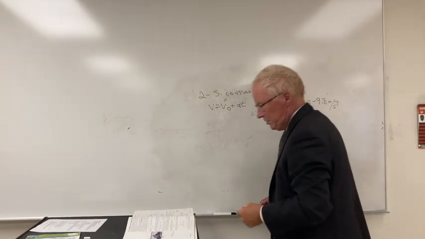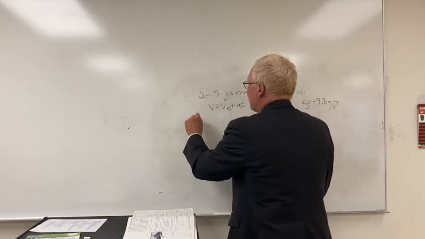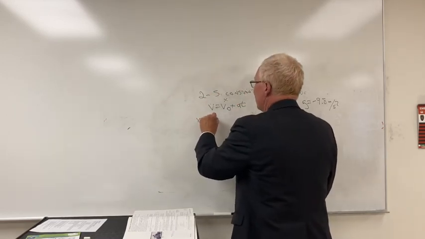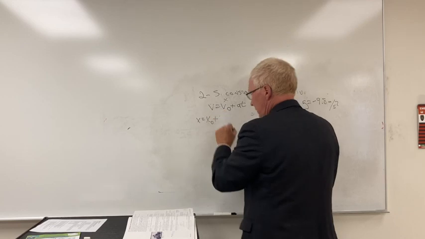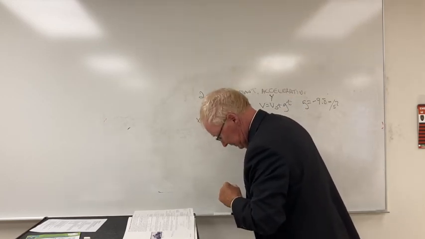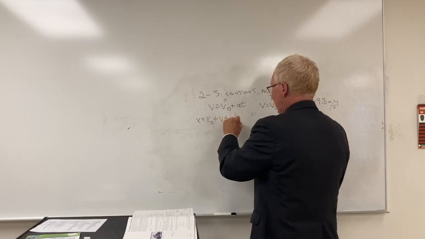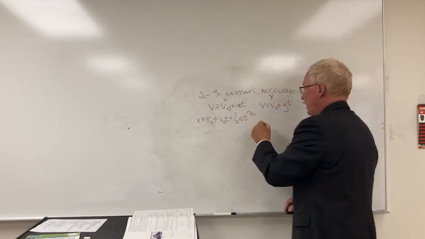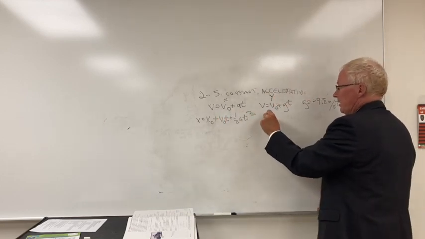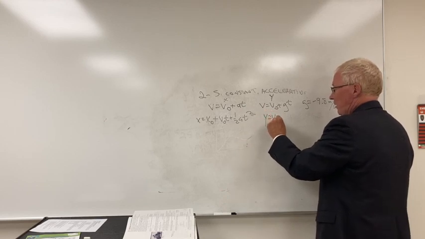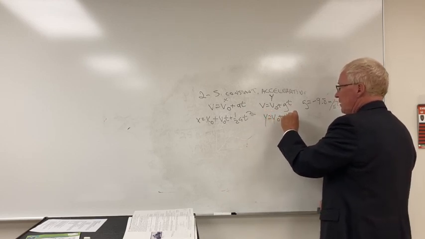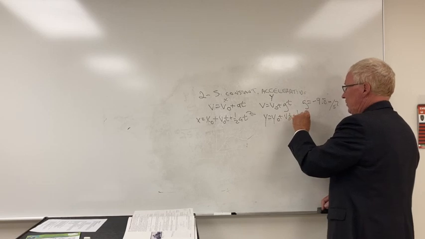Our second equation is x is x naught plus v naught t plus 1/2 at squared. In the y direction, the only thing different is y is y naught plus v naught t plus 1/2 gt squared, as we've had before.